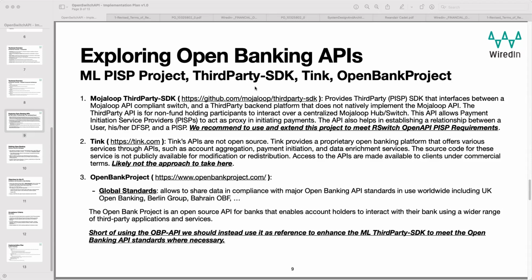And of course, the Mojaloop PISP project is here, because we also want to refer ourselves to it, because this is the project that is building the APIs that will be interfacing with the switch.